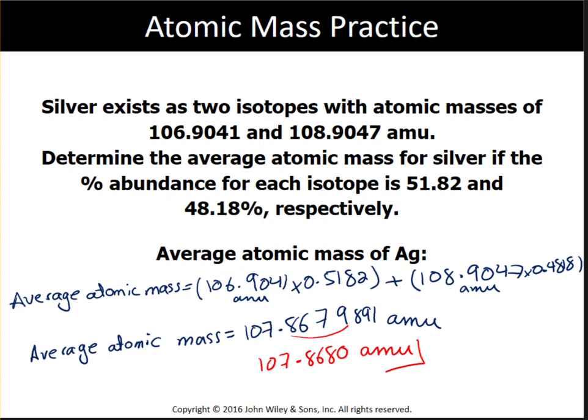The atomic mass of silver given in the periodic table is 107.87, I believe, if you round it to 2 decimal places, which matches the average atomic mass of silver. If you look at the atomic masses of each isotope of silver, one is 106, the other is 108. You see how the average atomic mass doesn't match the mass of each isotope. It's the mass of each isotope times the percent abundance that gives you the average atomic mass.